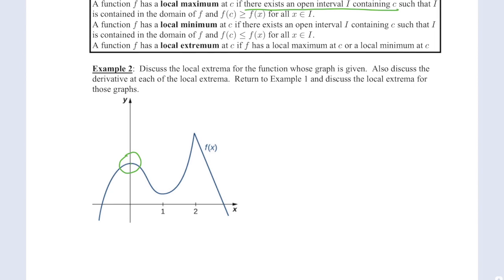So we've got a local maximum here. And similarly, this point at x equals 1 is lower than all the points around it. So that would be a local minimum, even though there are lower points elsewhere on the graph.